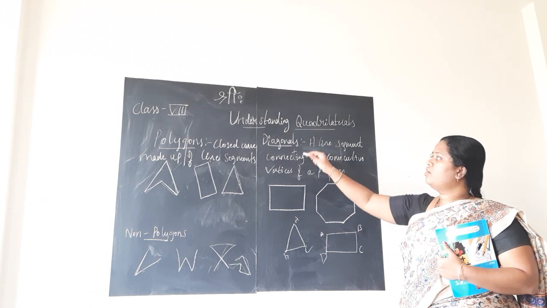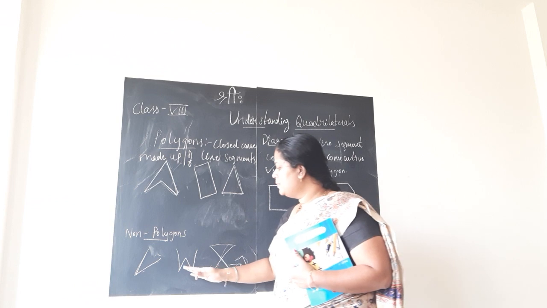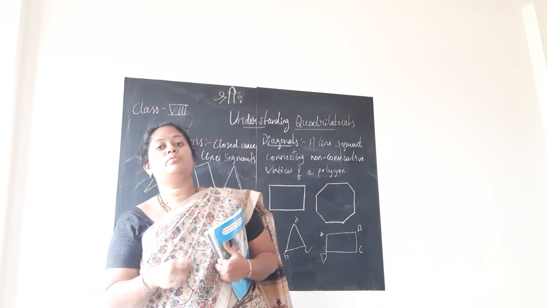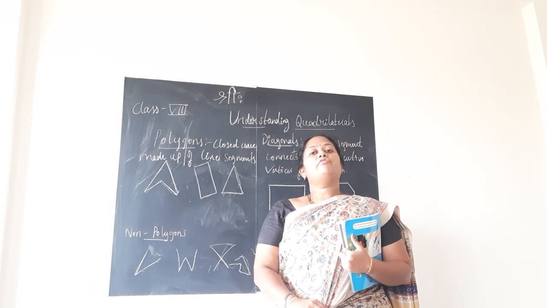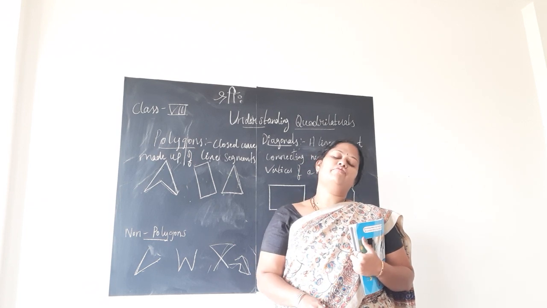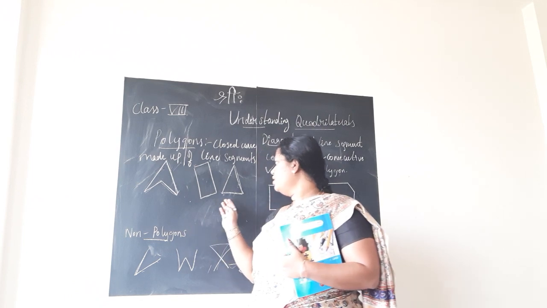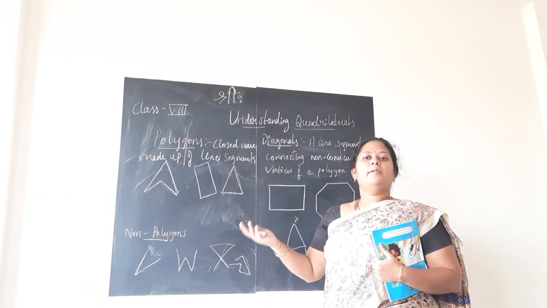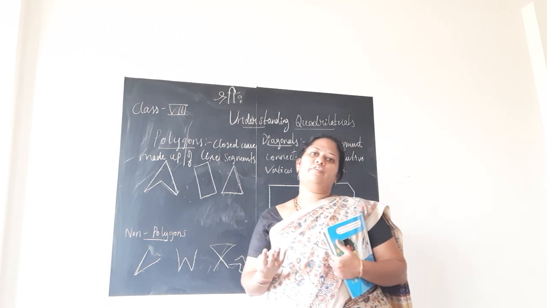Next you have the concept of diagonal. Before that, children, how do you classify these polygons? They are classified based on the number of vertices and number of angles they have. Here we studied that a triangle has 3 vertices, and a square has 4 vertices.